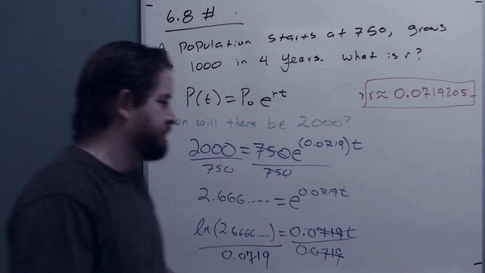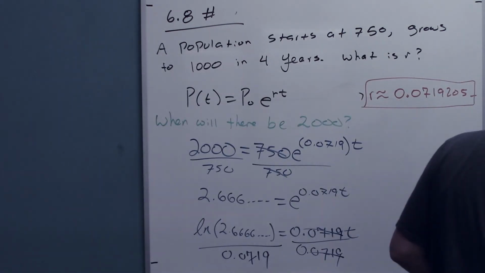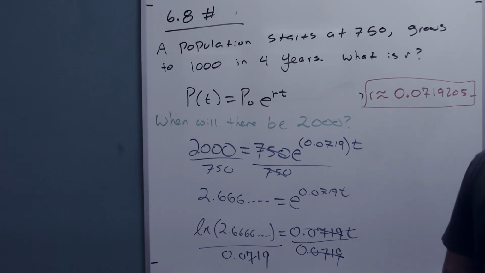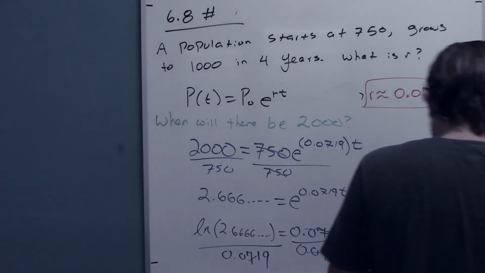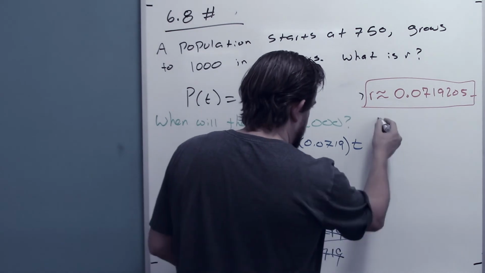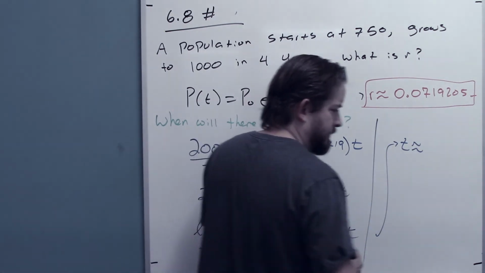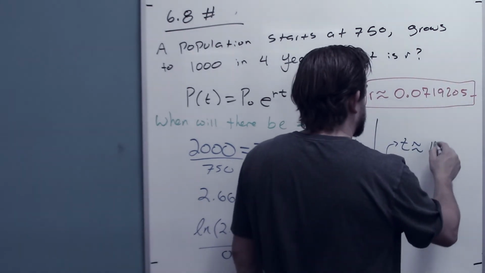The natural log of 2.666 divided by 0.0719 gives me about 13.6 years.